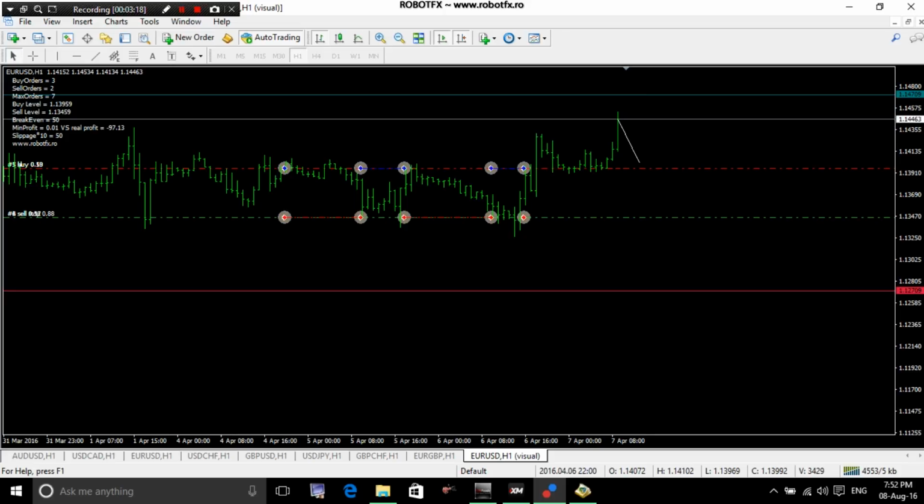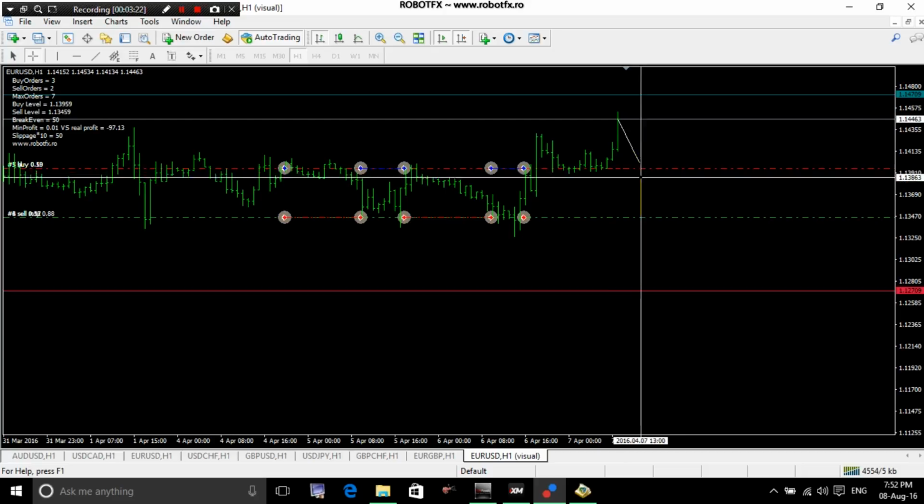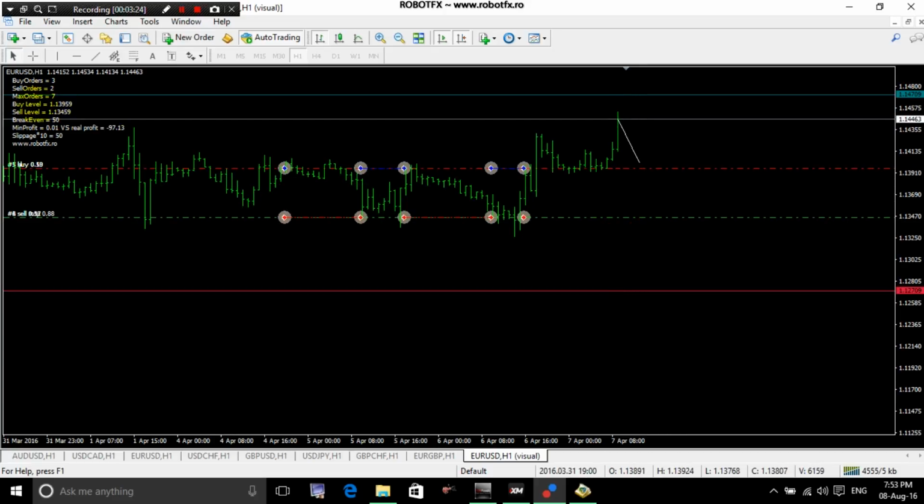And excuse me, by the way, one more thing: these buy levels, the recovery zones, are now written here in the comments area. It's buy level and sell level. Now, I was saying there is a chance that the price will drop enough to close this trade, but not enough to go under this level and place a pending buy.